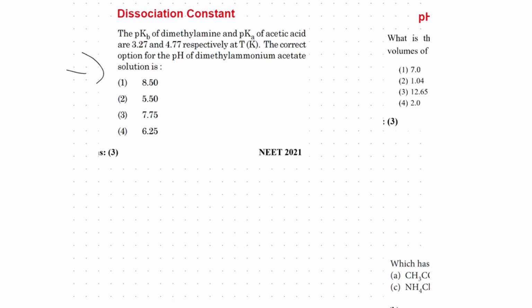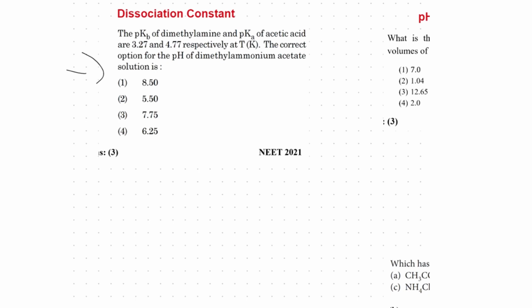This salt is a type 4 salt. The base is also a weak base. Dimethylamine is a weak base. Acetic acid is also a weak acid. When you combine a weak base and a weak acid, you get a type 4 salt.